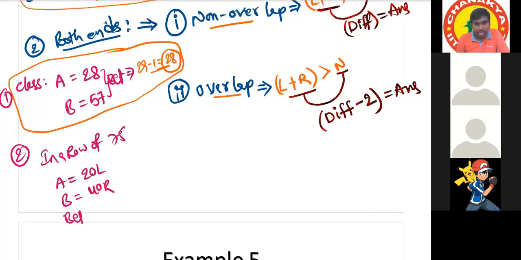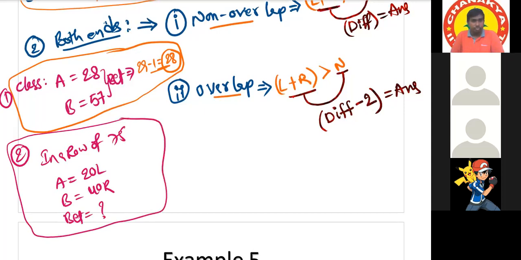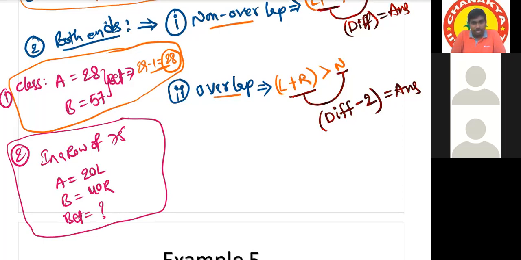How many are there between A and B? Answer for this. Sir, 15 people.